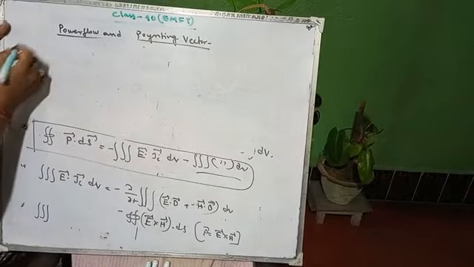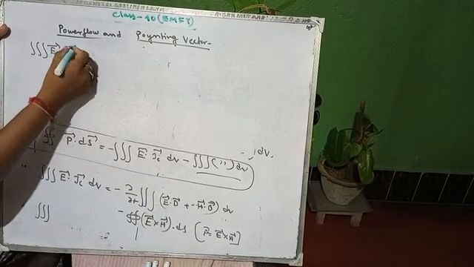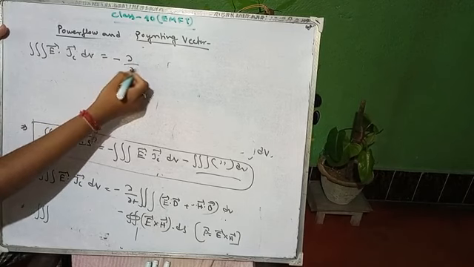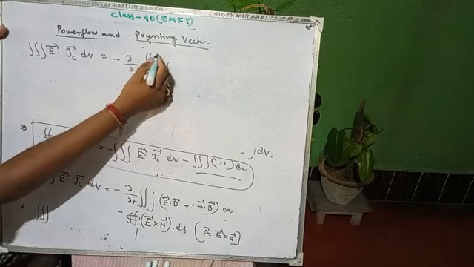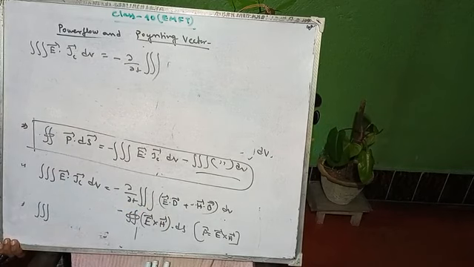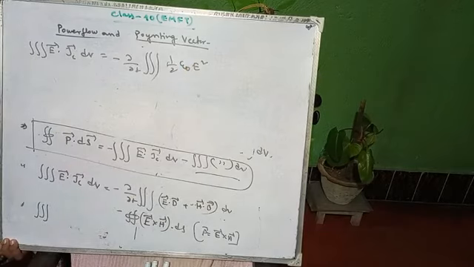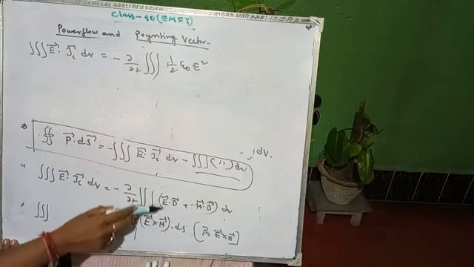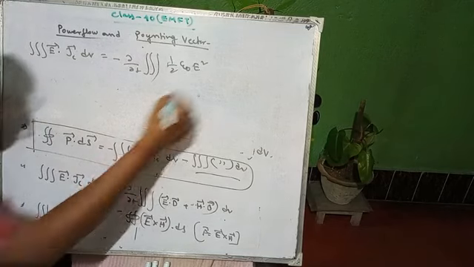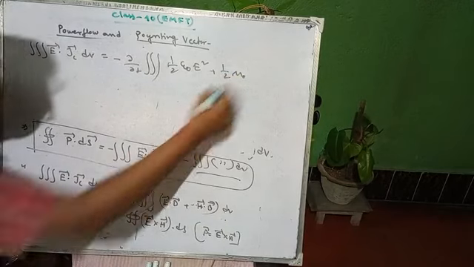Okay, so I am writing the final expression from the Poynting theorem here, that is triple integration of E dot Jc vector dv equals to minus del t of triple integration of, see, this is your E dot D, and E dot D will be half of epsilon naught E square, if we place the value, and plus half of mu naught H square.